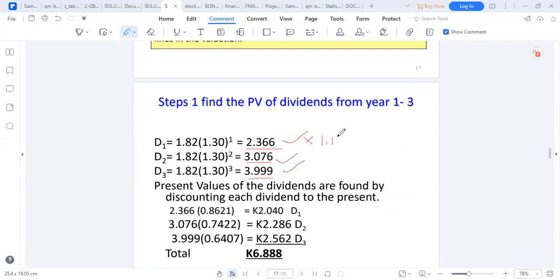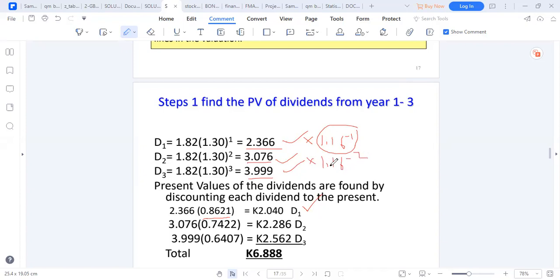We can either use the tables or the manual calculation that I was telling you. So 16% is 1.16 to the power -1. But if you check this in the table, 16% under 1, it will be 0.8621. When you discount this figure, it will be 2.040. Again, you discount this one, 3.076 times 1.16 to the power -2.